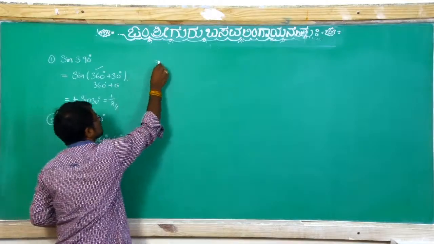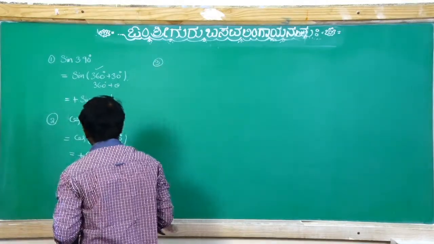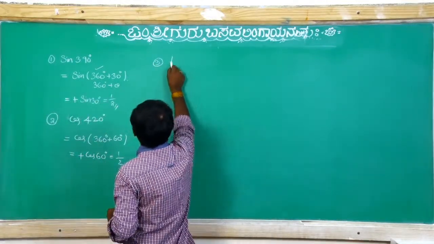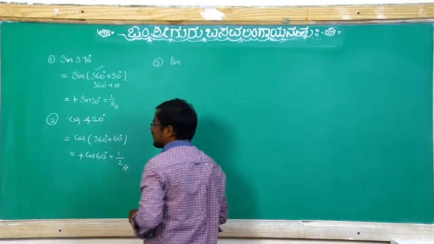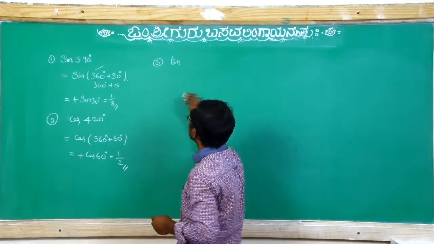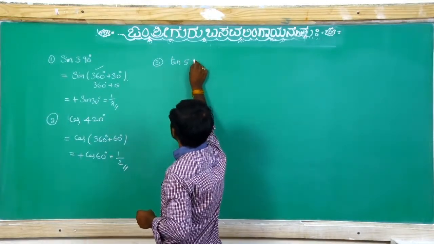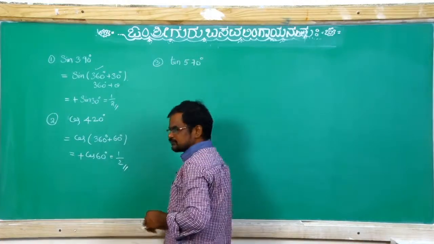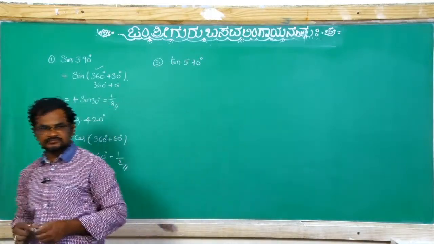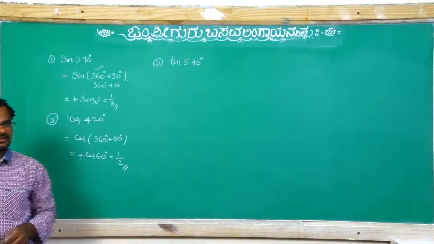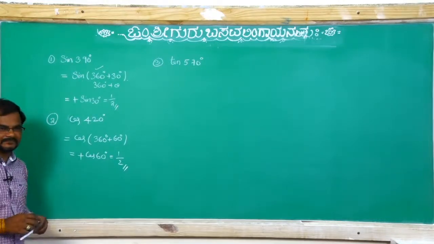Next, third problem. Tan of 570, like this they given. Tan of 570.